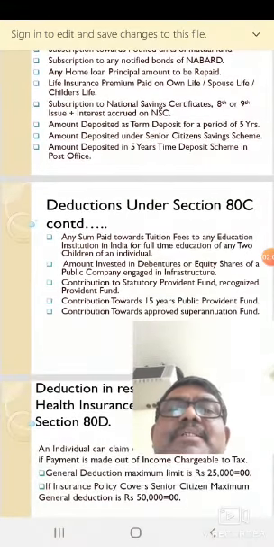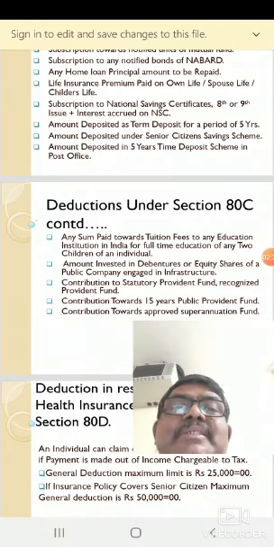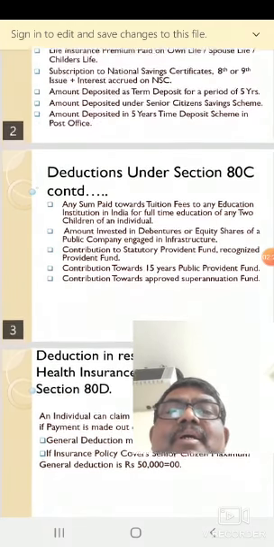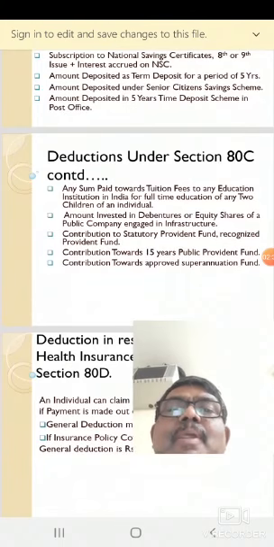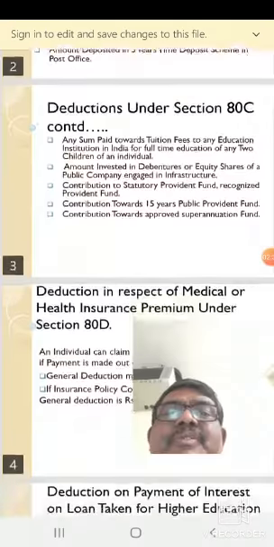Next, subscription to national savings certificates 8th and 9th issue, including interest accrued on NSC. Next is amount deposited as term deposit for a period of 5 years. Next is amount deposited under senior citizen savings scheme, and also amount deposited in 5 years time deposit scheme in post office.